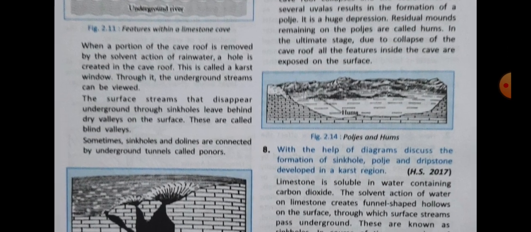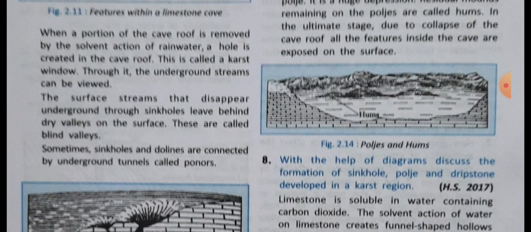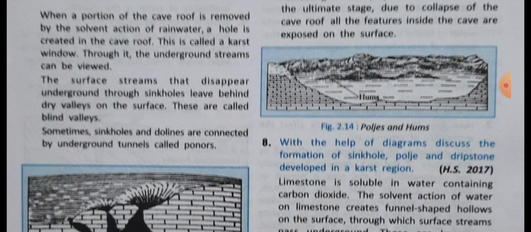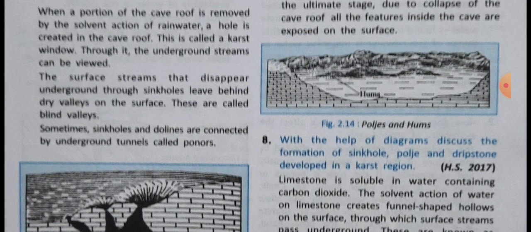When a portion of the cave roof is removed by the solvent action of rainwater, a hole is created in the cave roof. This is called a karst window. Though it is underground, streams can be viewed. The surface stream that disappears underground through sinkholes leaves behind a dry valley on the surface.